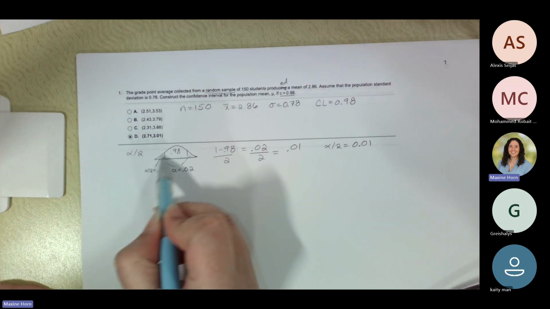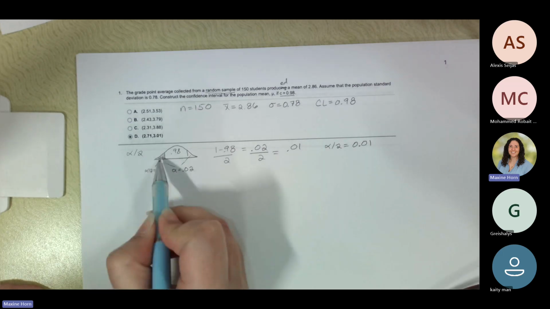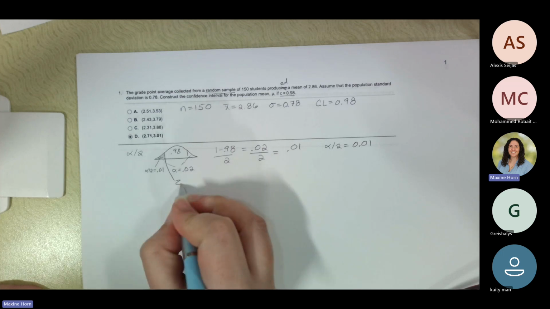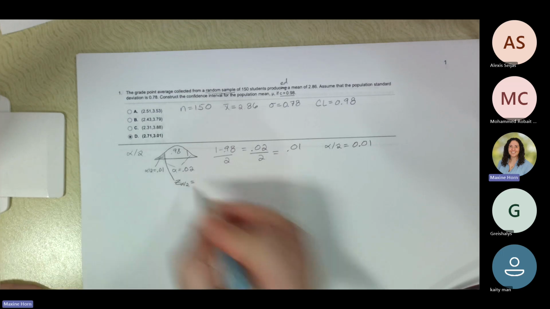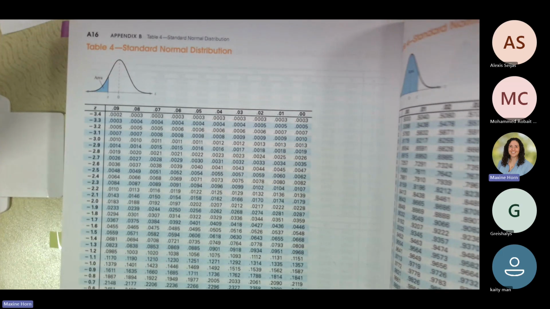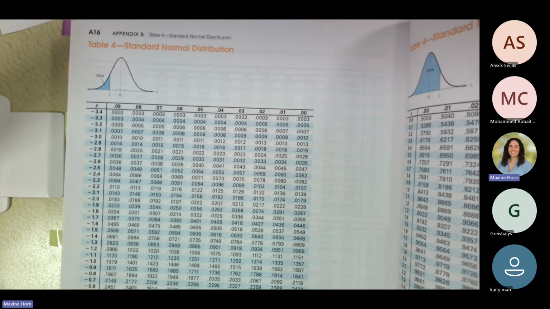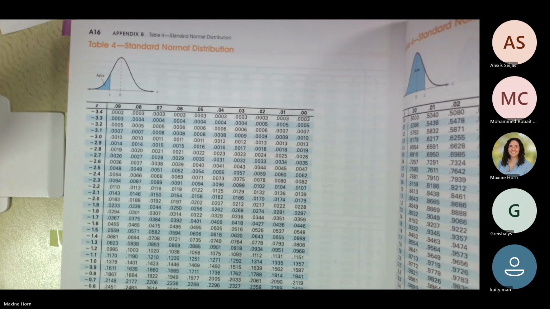Okay, why do we need this? Because we need to know what the area is to the left of that. We need to know that that's 0.01 so that we can find the corresponding Z alpha halves. Okay, so we go to our table and we find in the body of the table, we find 0.01.